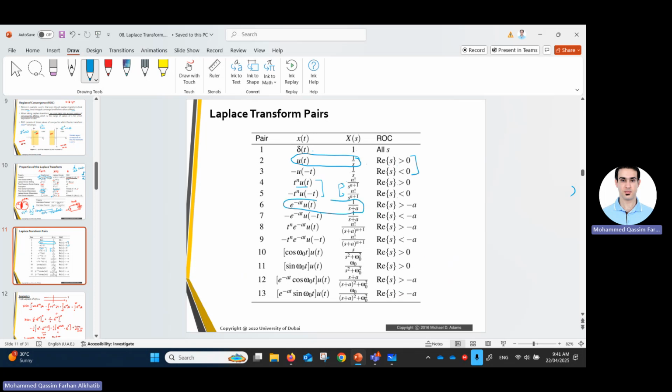It will be beneficial for us because when we apply the inverse Laplace transform, usually when we do partial fraction expansion and get, let's say, A over s plus alpha plus B over s plus beta, you have to find the values of uppercase A and B. So in this one it will be A e to the power negative alpha t plus B e to the power negative beta t. And you always assume you multiply by the unit step function to ensure the system is causal. All right, so something like this we'll be dealing with a lot in the class.